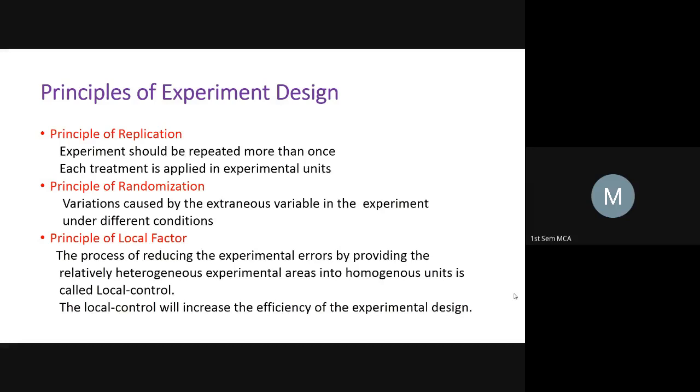So if I want to check which institution is better, I have to do the experiment n number of times. That is nothing but your principle of replication. That means each treatment. So placements, accreditation, quality of teaching, these are called treatments, and each treatment is applied to each institution.